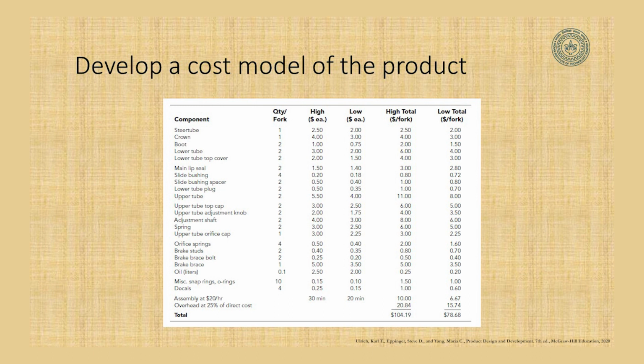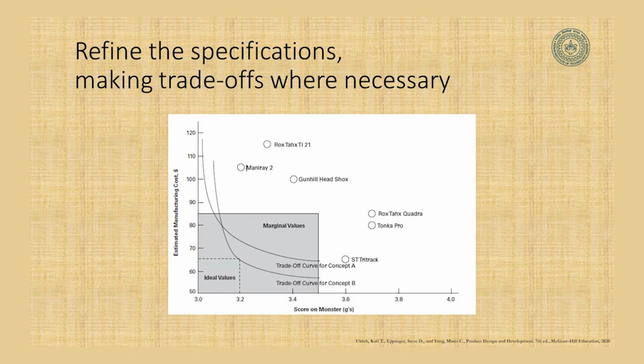So, refine your specs by looking at the manufacturing costs and the metric. As you change the metric, as you have a higher G that you can deal with, the force that it transmits to the biker gets less and less.